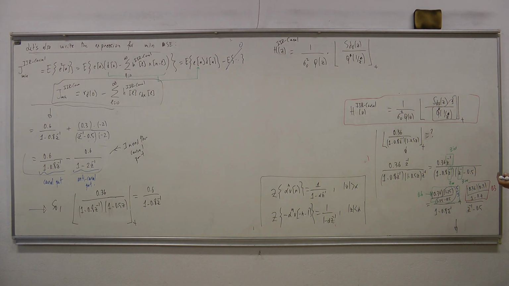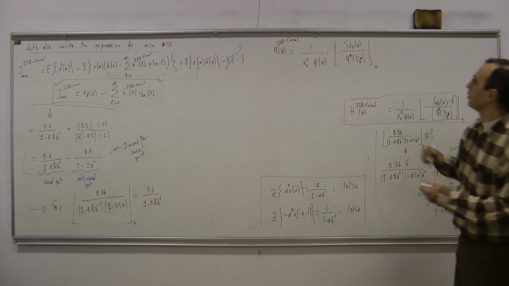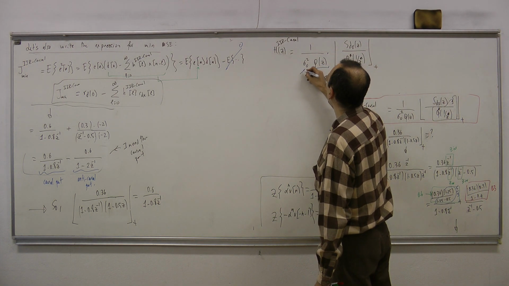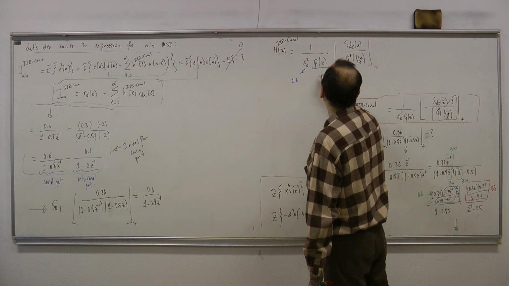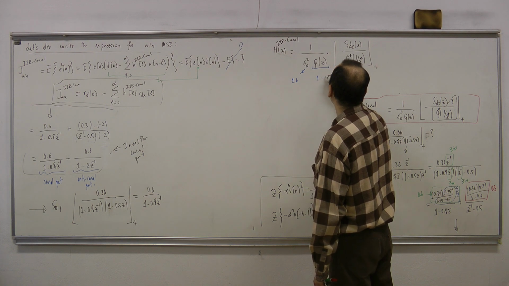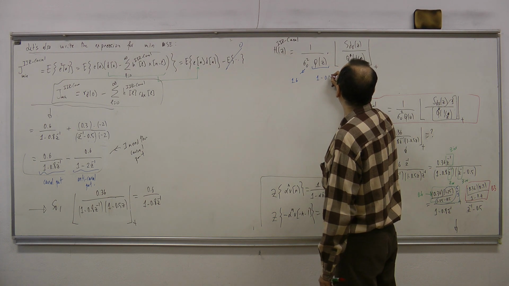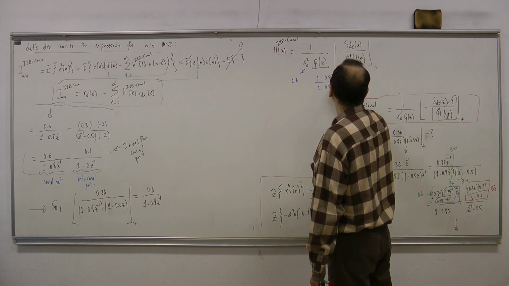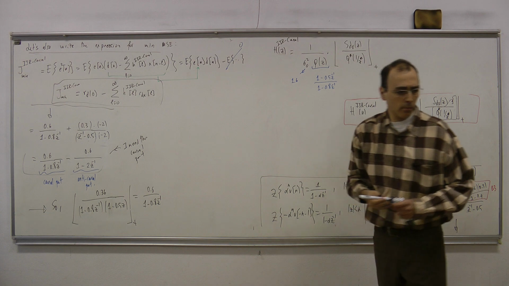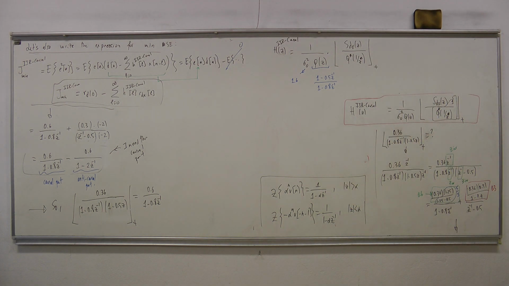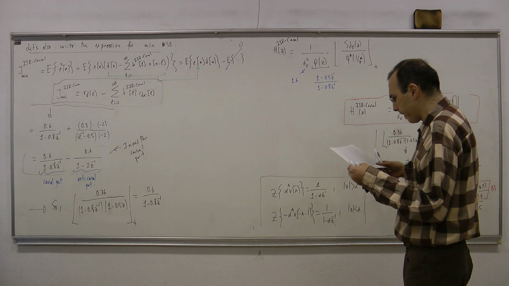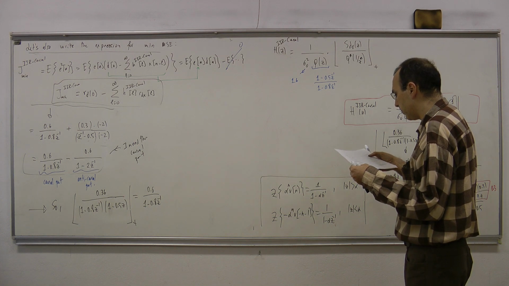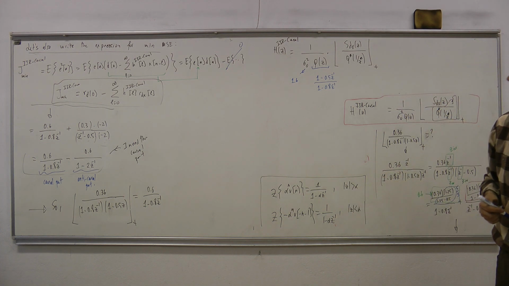Okay. So what was our Q of Z? I remember, this is 1.6. Q of Z is 0.5 Z inverse, 1 minus 0.8 Z inverse. Is it Q of Z? It is correct.